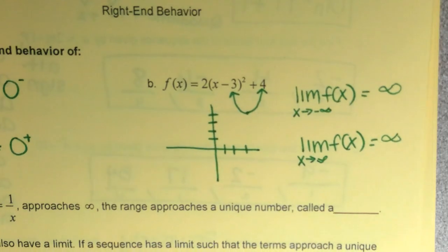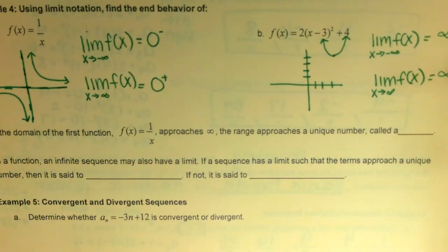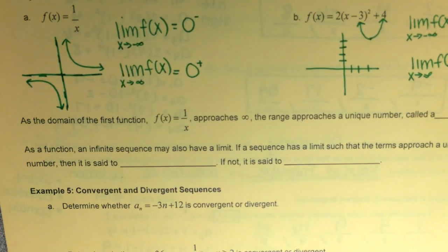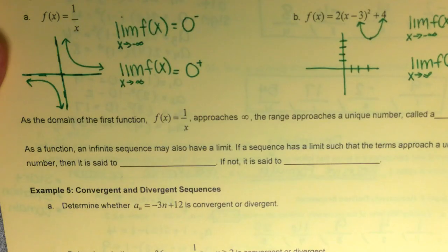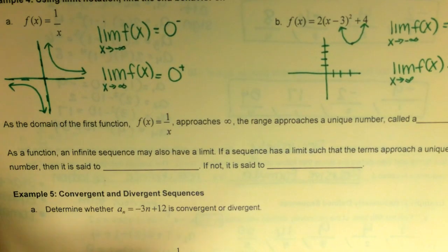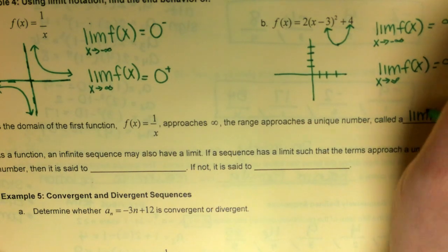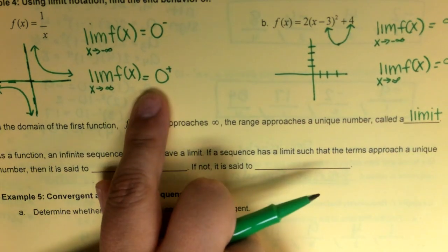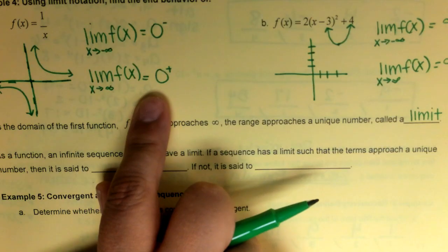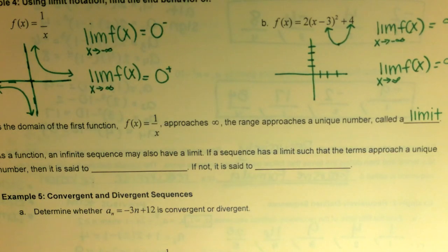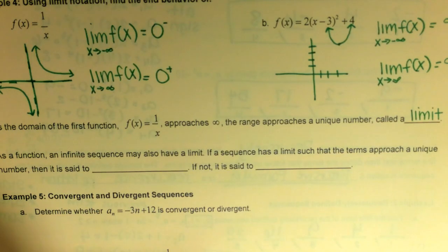The same thing applies for sequences. As the domain of the first function f of x equals 1 over x approaches infinity, the range approaches a unique number called a limit. So in this one, my limit would be 0. However, if you have an infinite sequence, it may also have a limit.